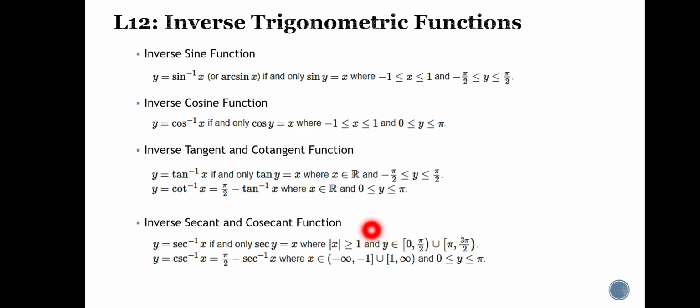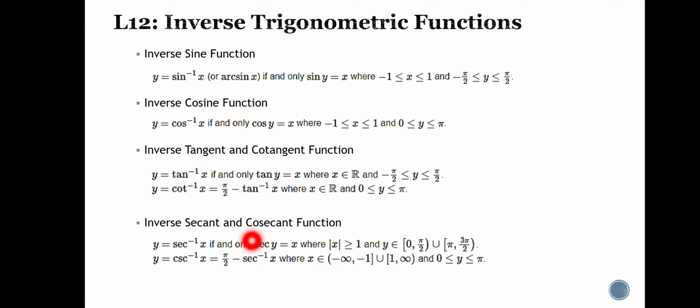In other words, the absolute value of x here should be greater than or equal to 1, while y should be from 0, excluding 90, so pi over 2 is 90, and then from 180 up to numbers less than 3 pi over 2, that is 270 degrees.